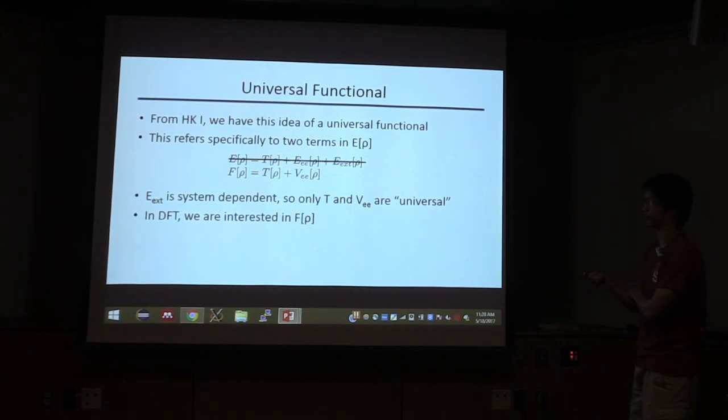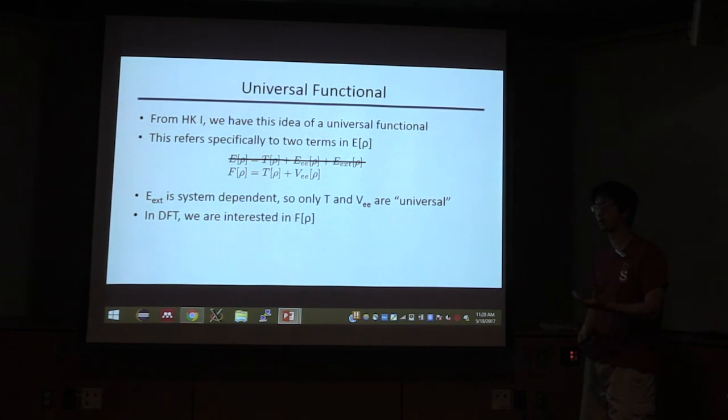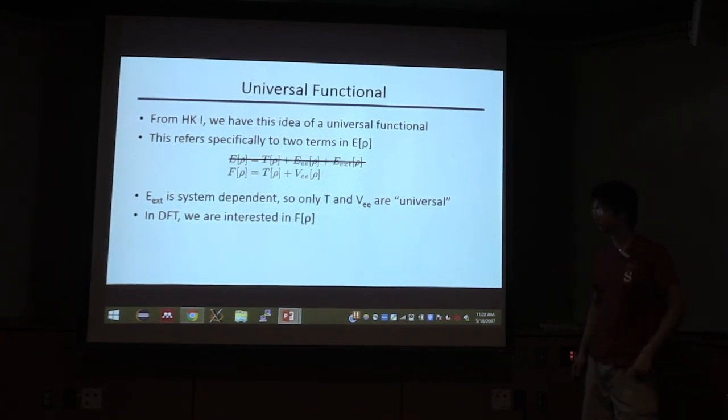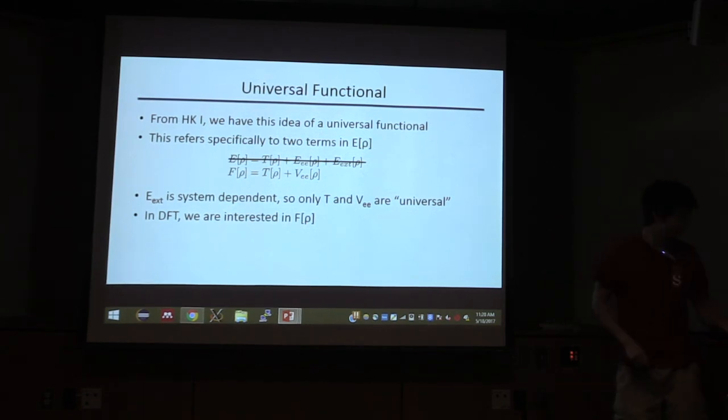Because the external potential depends on the system you're looking at. So if you see the term universal functional in some DFT related text, they're really referring to the energy functional for the kinetic energy and the electron-electron repulsion, not including the external potential. Okay, and that's normally called F, from what I've seen.